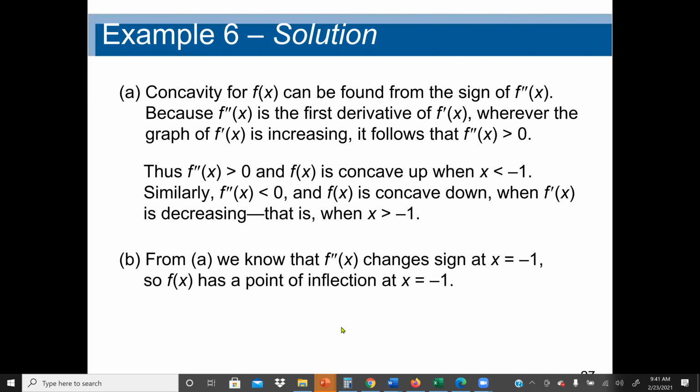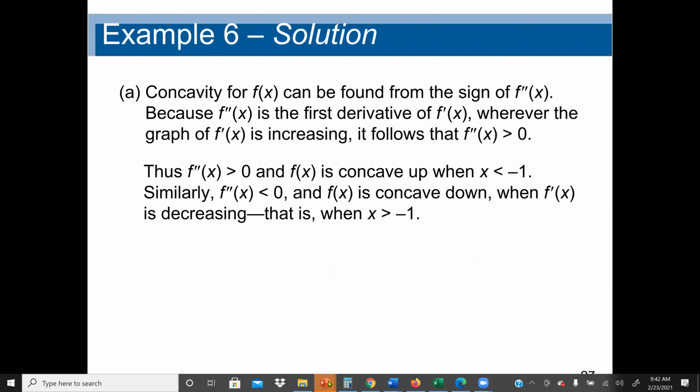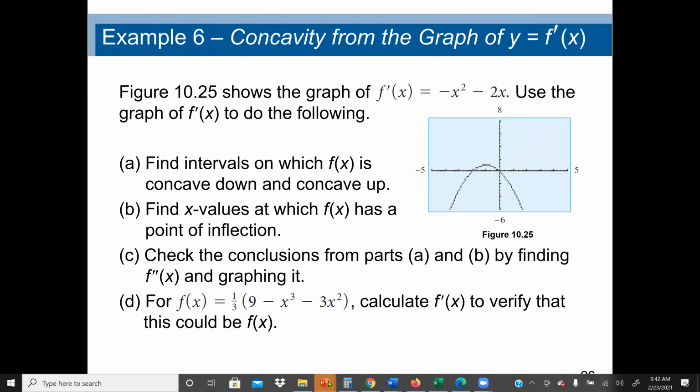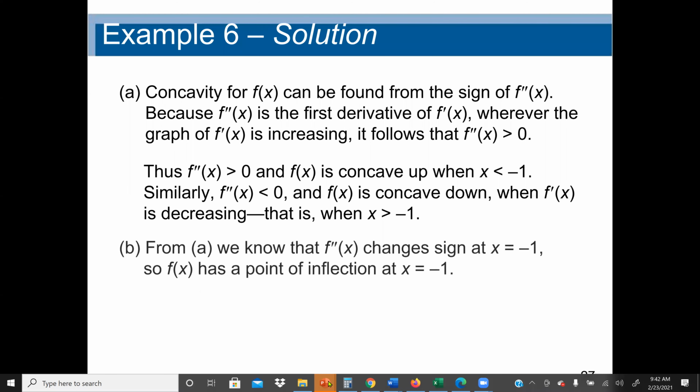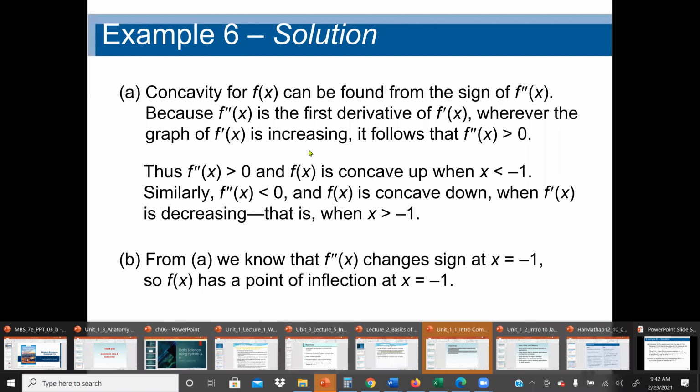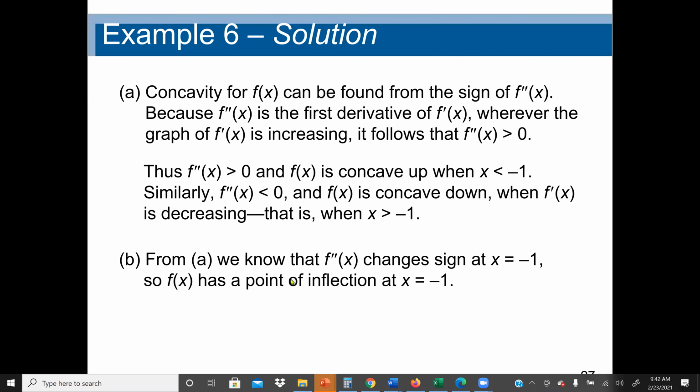Now in B, let's see what B said. B said we should find the s value at which f at s has a point of inflection. So from A, we know that the second derivative changes sign at s equal to -1.